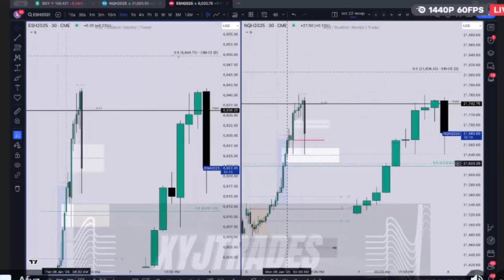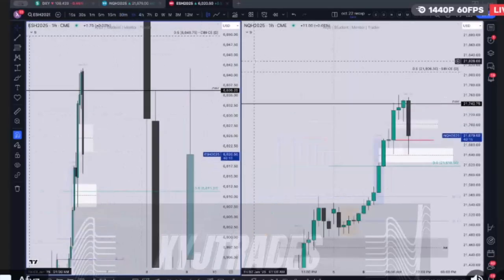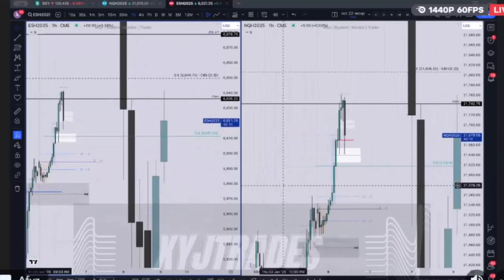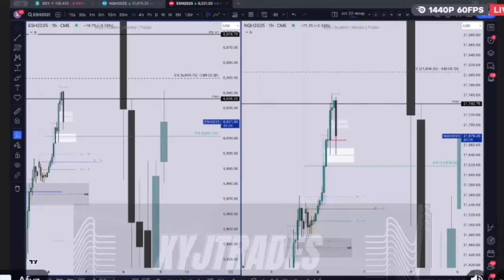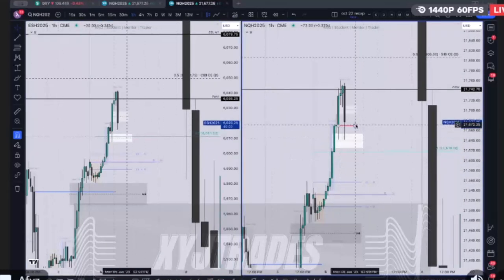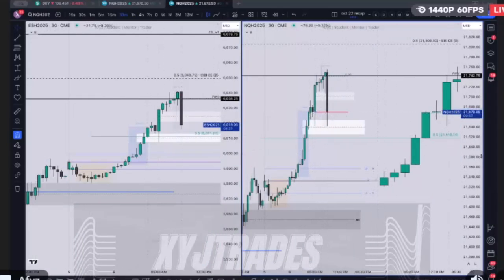That was a pretty aggressive candle. So we'll see what happens. For me at the moment, until we get at least this 30-minute SSD here, I'm not interested in shorts.